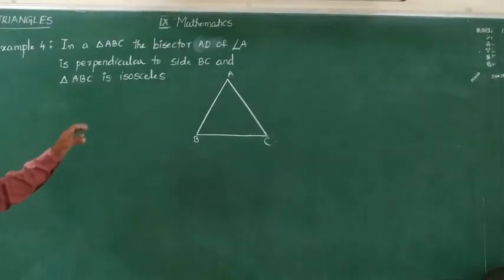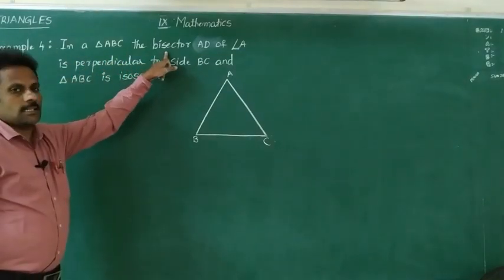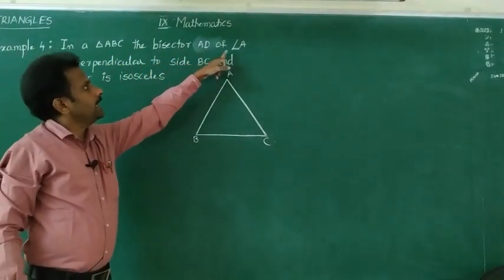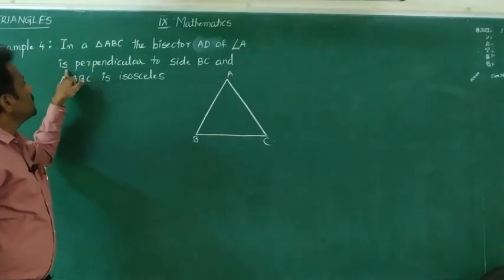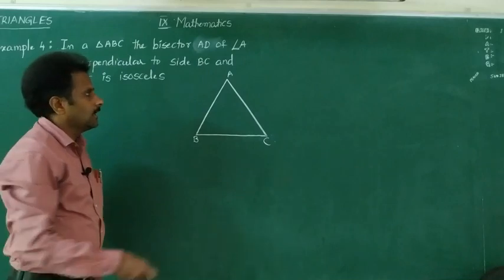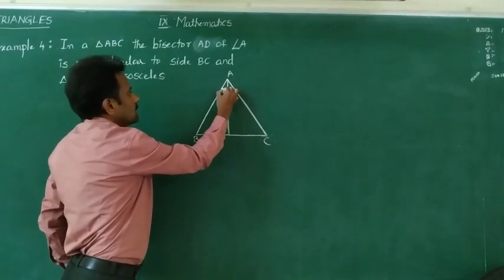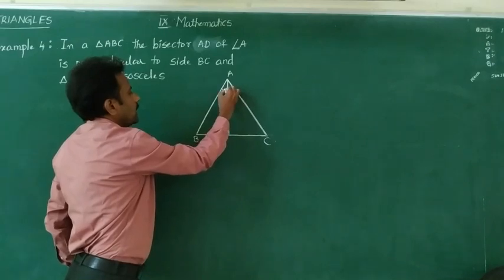Now let us see example 4, which is given in the reader. In a triangle ABC, the bisector AD of angle A is perpendicular to side BC. AD is the bisector of angle A, that means these two angles are equal.